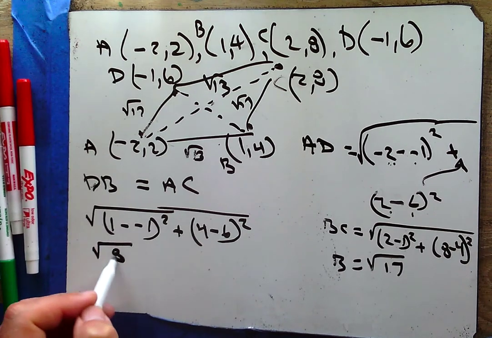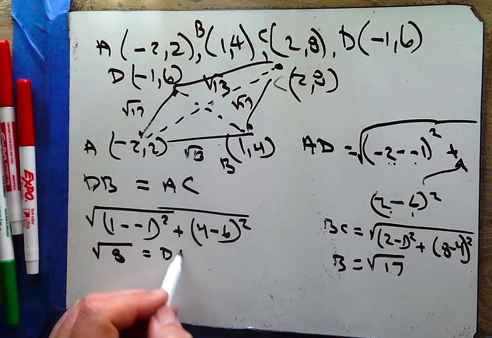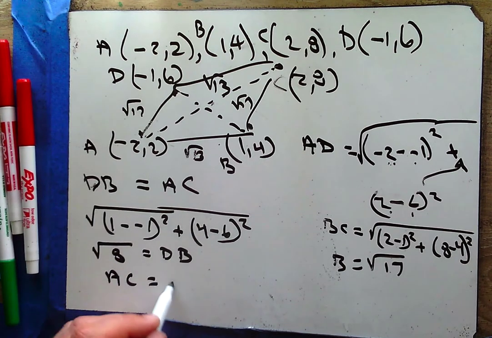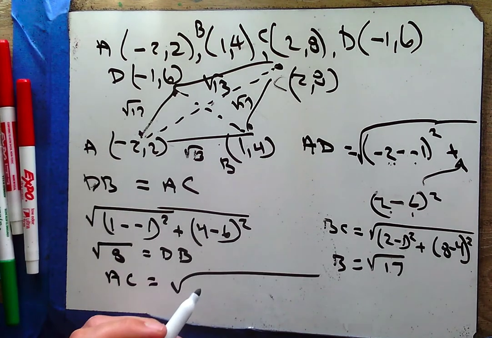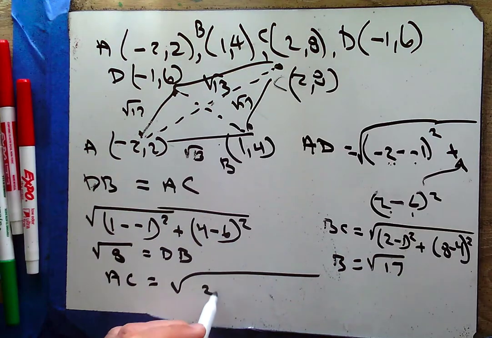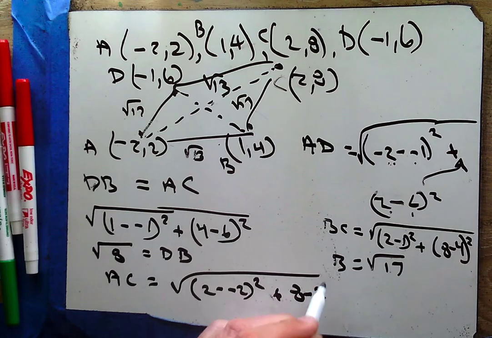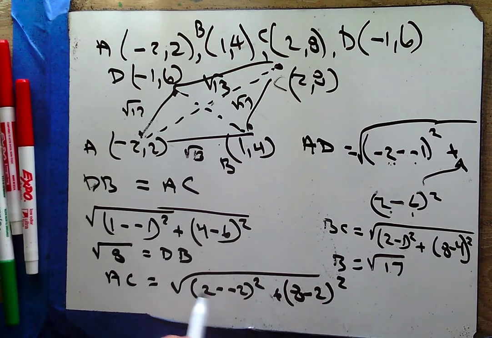So I get the square root of 8 for DB. Now what about AC? Well, AC would be the square root of 2 minus 2 plus 8 minus 2. Well, that's 4 squared. That's 6 squared.